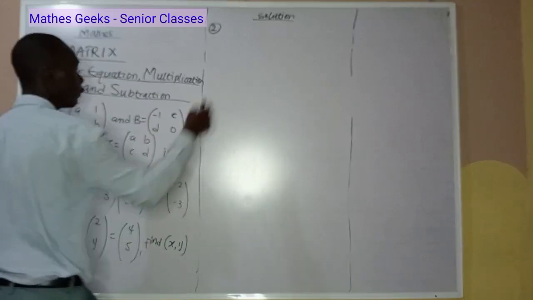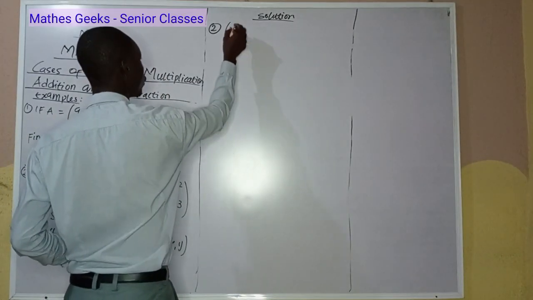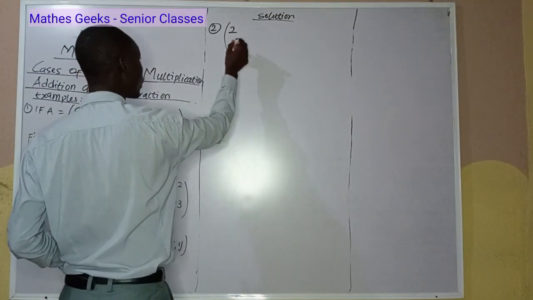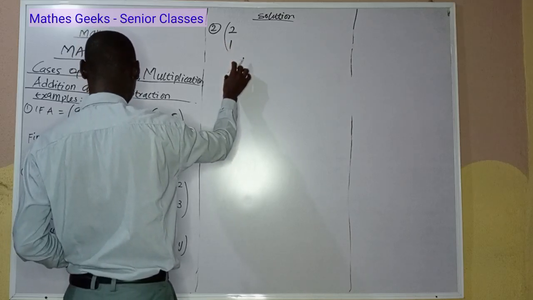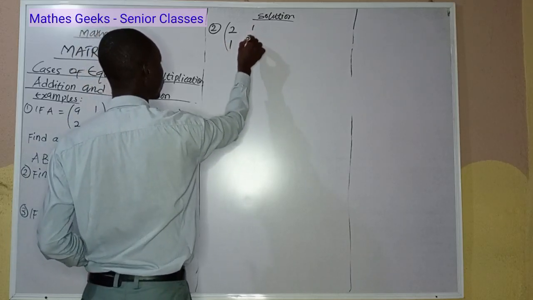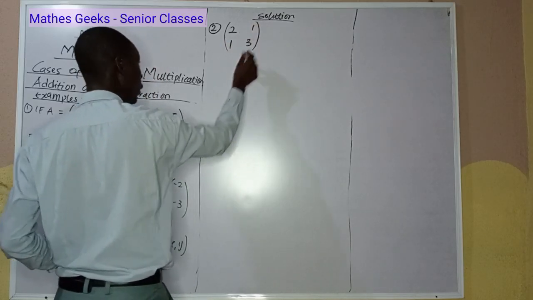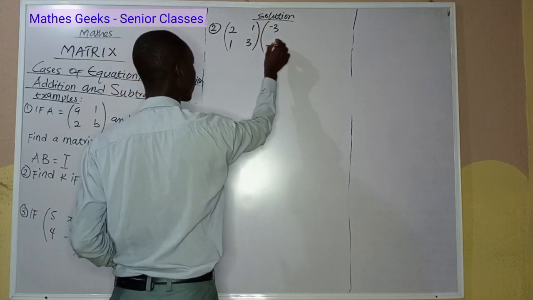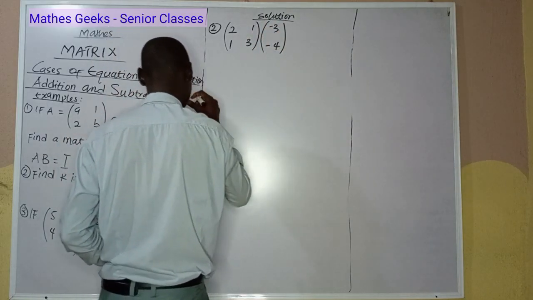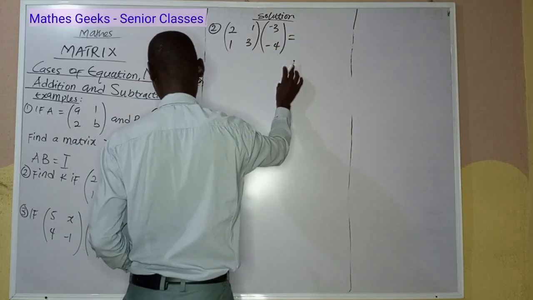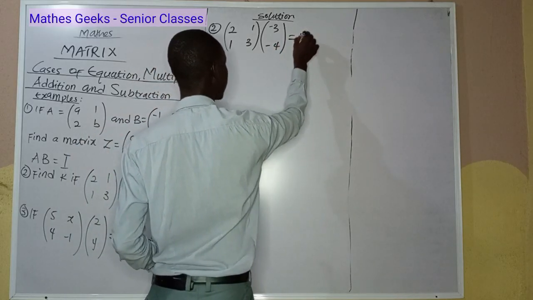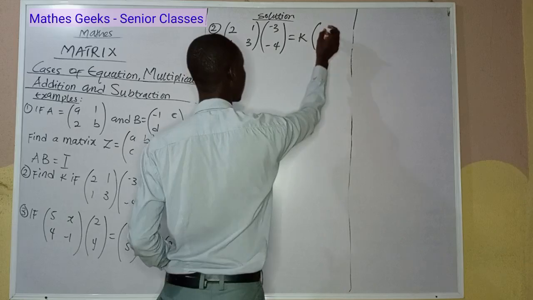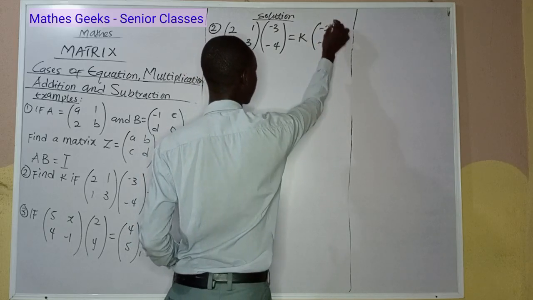Find K if the matrix 2, 1, 1, 3 times the matrix minus 3, minus 4 is equal to K times the matrix minus 2, minus 2.